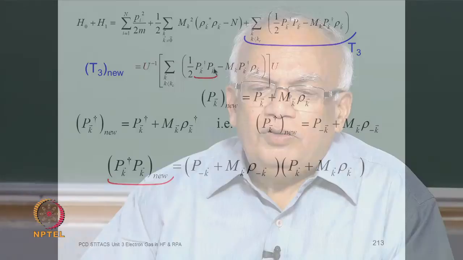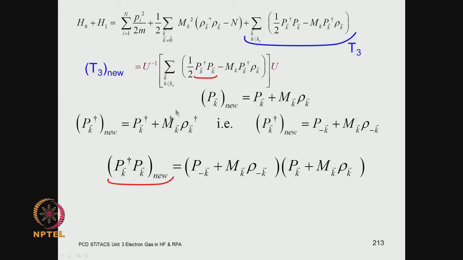So, you have to transform this term. This transformation will be made up of P dagger P, where P dagger is P minus k plus m_k rho minus k. Keep track of the signs over here, they are very important.